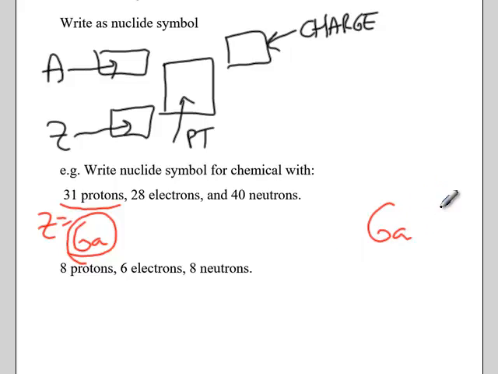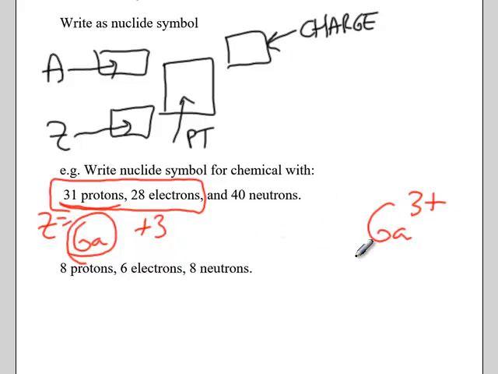The charge, the superscript to the right, remember, is the difference between positive charges and negative charges. So 31 positive protons and 28 negative electrons gives us an overall net value of positive 3, and we write the charge. Remember, the 3 comes first and then the positive sign.